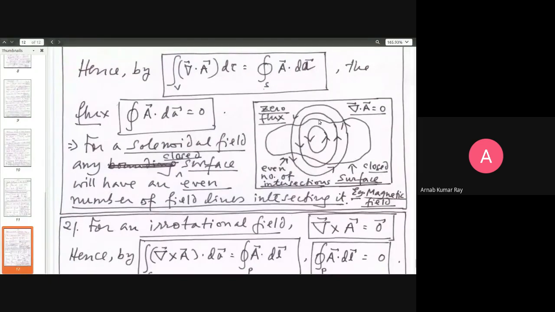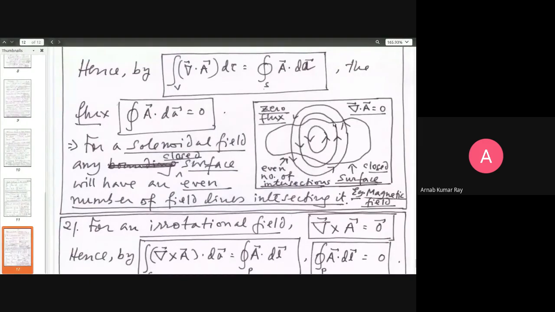So a field line may not cross the surface at all, or if it has to cross, it will do so an even number of times. Let us try to see. The field line enters here, and then it exits here. Then it again enters here, and it exits here. So the number of entries and exits will be some multiple of 2, so it is an even number.